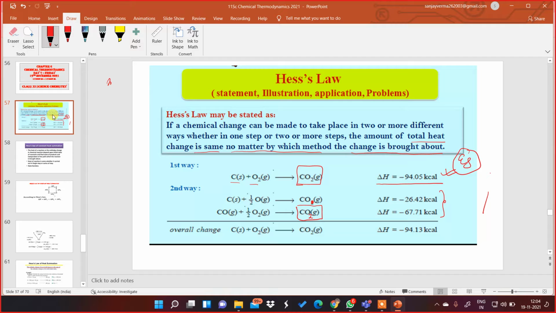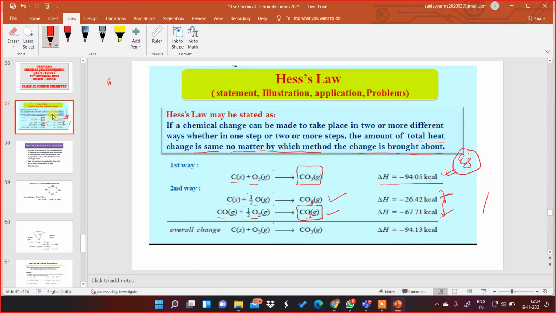And in the second way, carbon is burning in oxygen to give carbon monoxide. This carbon monoxide is further burning in oxygen to give carbon dioxide. The individual enthalpy changes for the formation of carbon monoxide is given minus 26.42 kilocalories, and for the formation of carbon dioxide it is given minus 67.71 kilocalories.